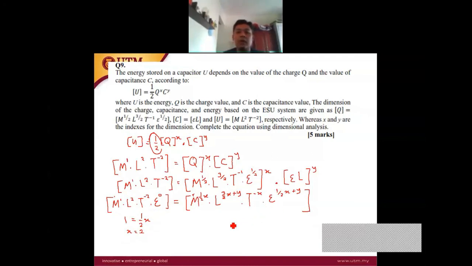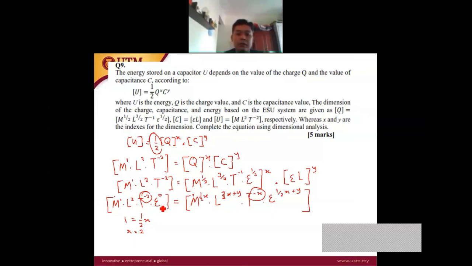Okay. How about the y? That's one way. The other way we can get x is from here. Okay. Negative 2 is equivalent to negative x. So directly you can get that the value of x is equivalent to 2. So that's another way to get the value of x. Okay.